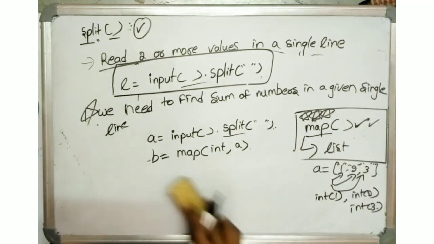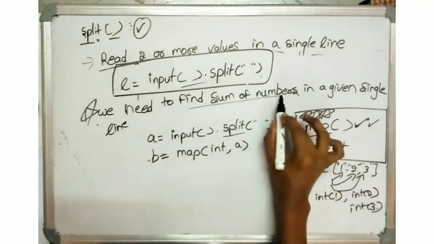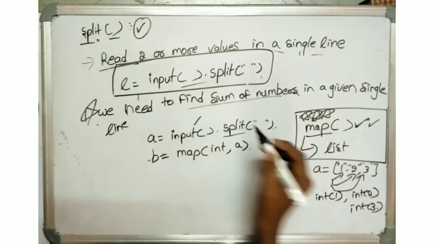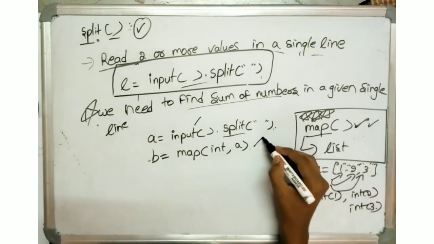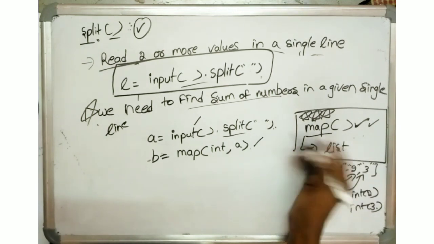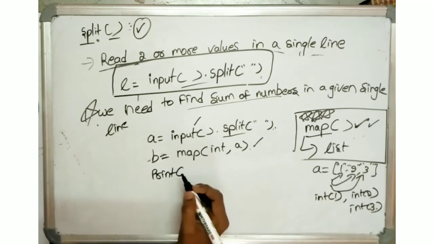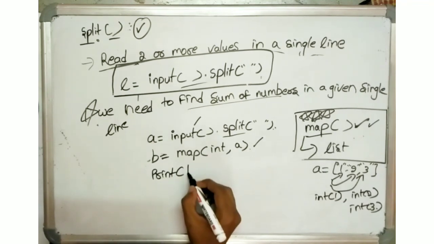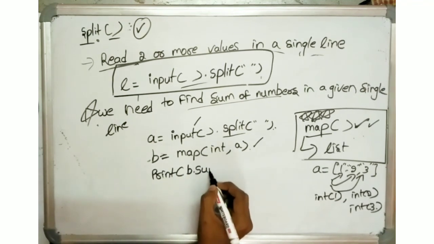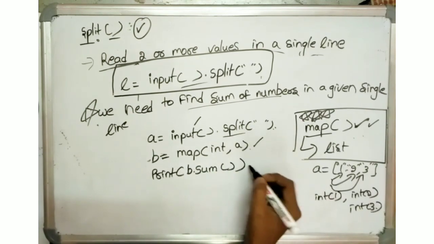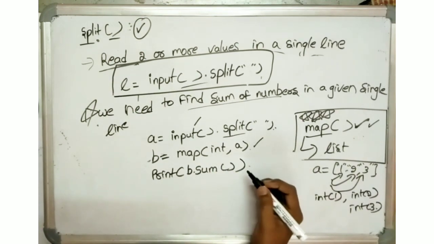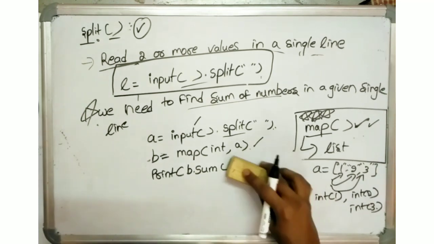Okay. What is our question? We need to find the sum of the integers. We read the integers. We mapped all of them to integer values. We just print the sum. In list we have a method like b dot sum, right? Or we can use the built-in functions.